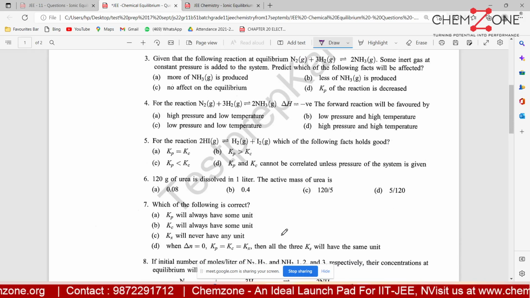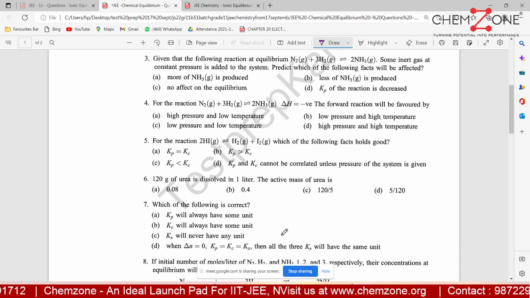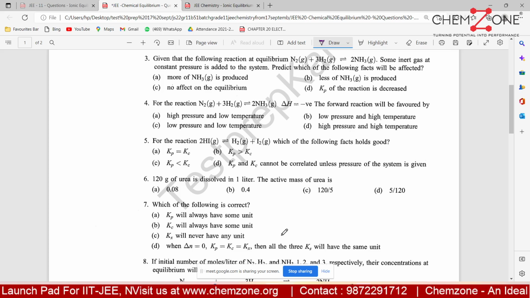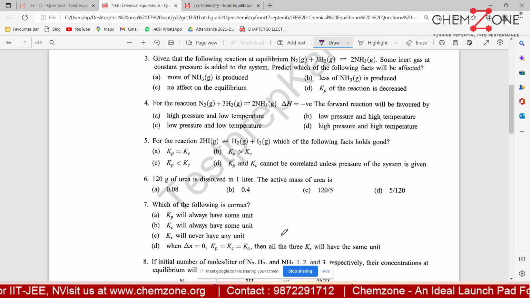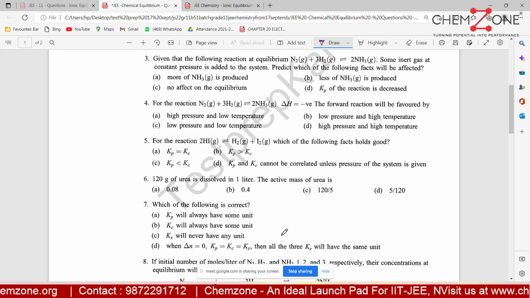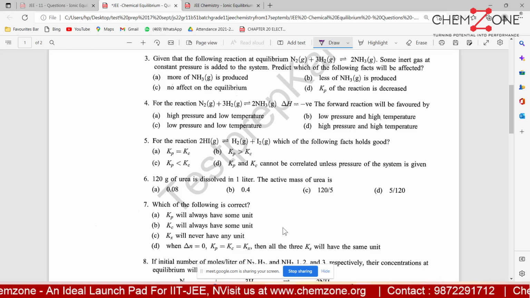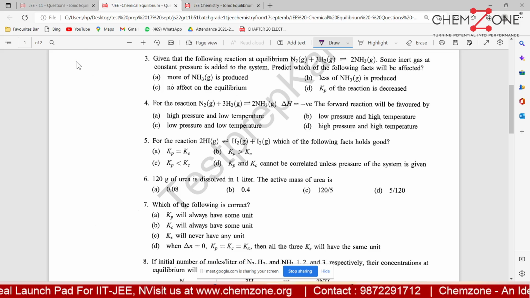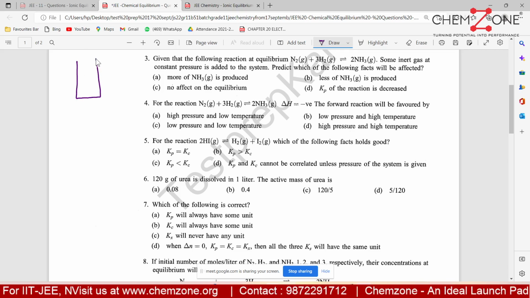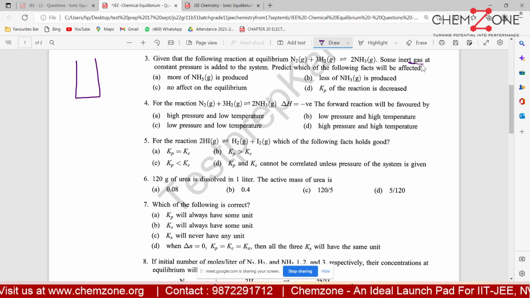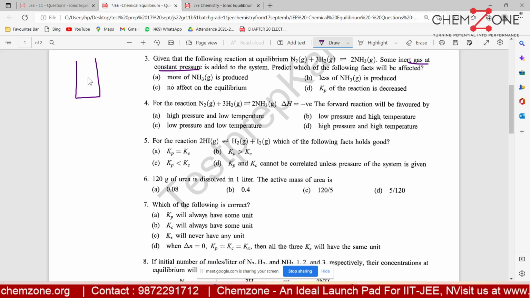Third question. So more NH3 is produced. Why? This is because inert gas is added at constant pressure.